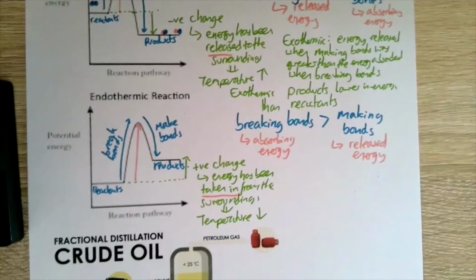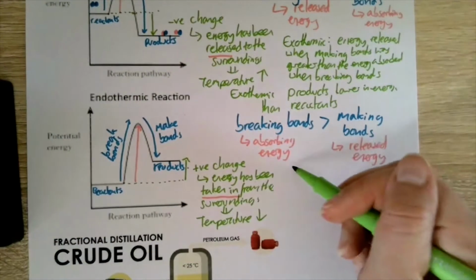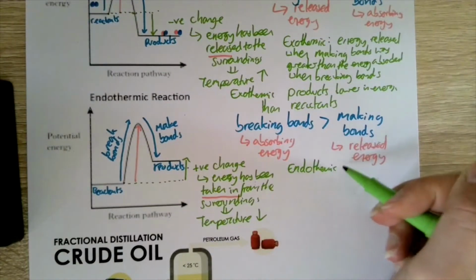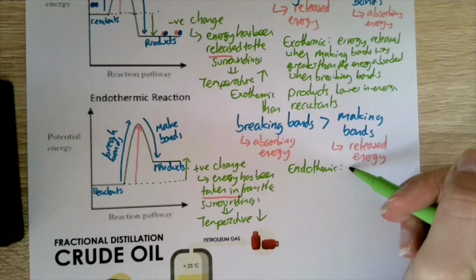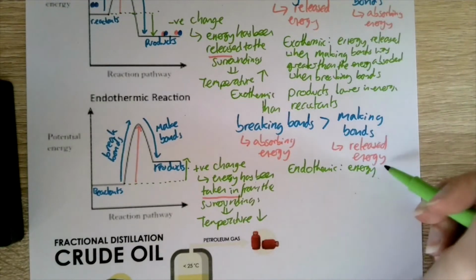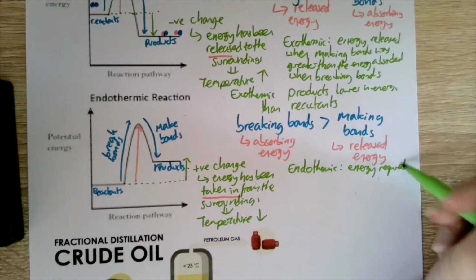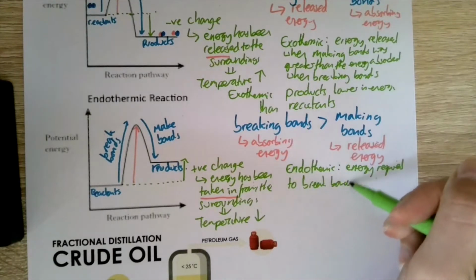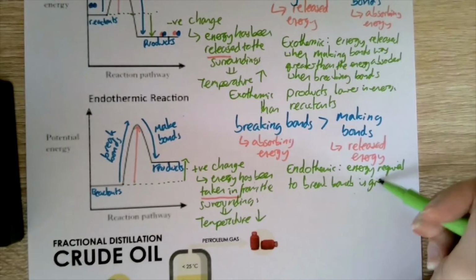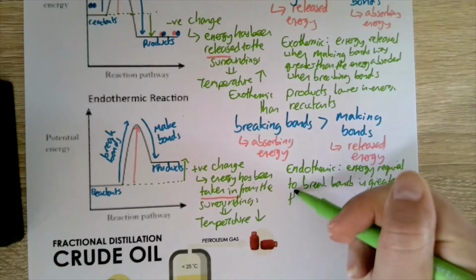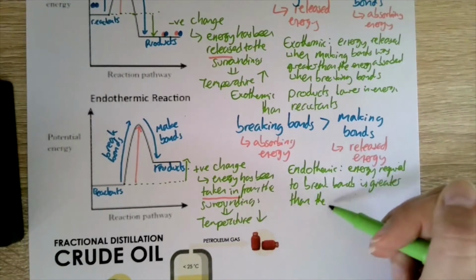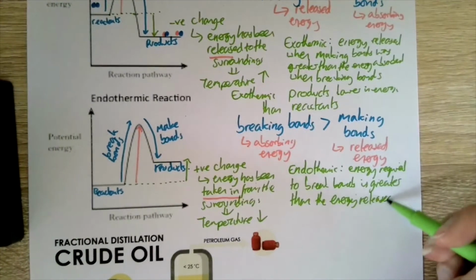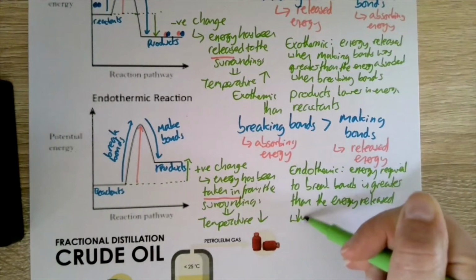And similarly we do the same thing for our endothermic. So it's endothermic when the energy required to break bonds is greater than the energy released when making bonds.